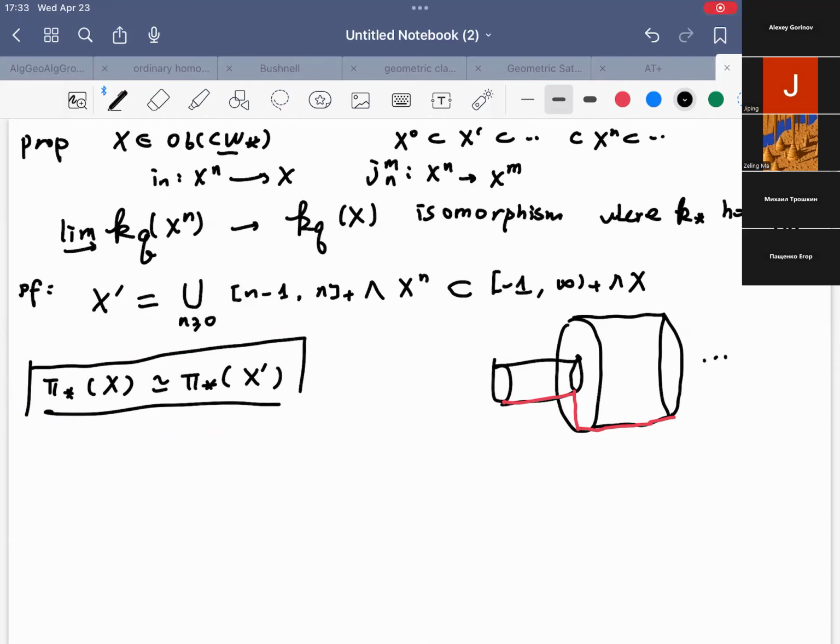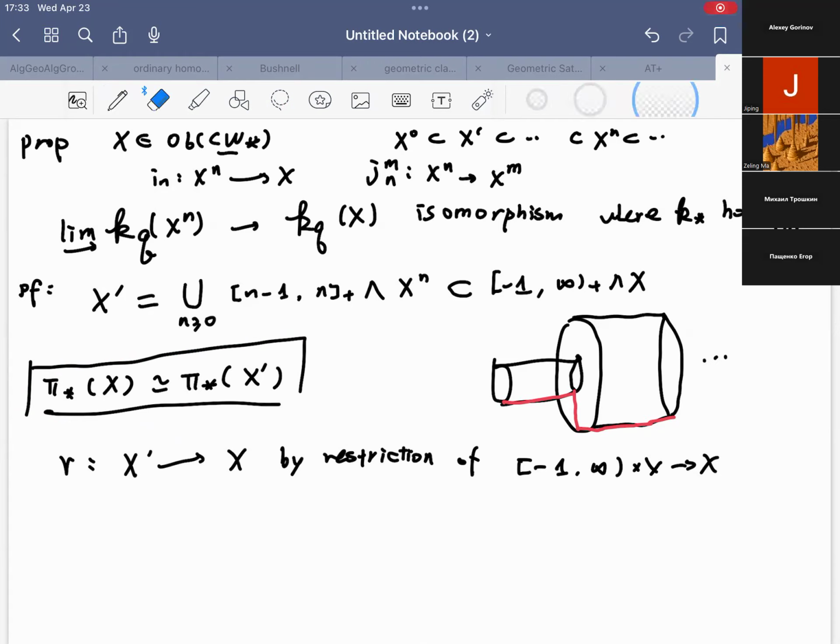I need to get some notation here. So this is just by the restriction of the projection.